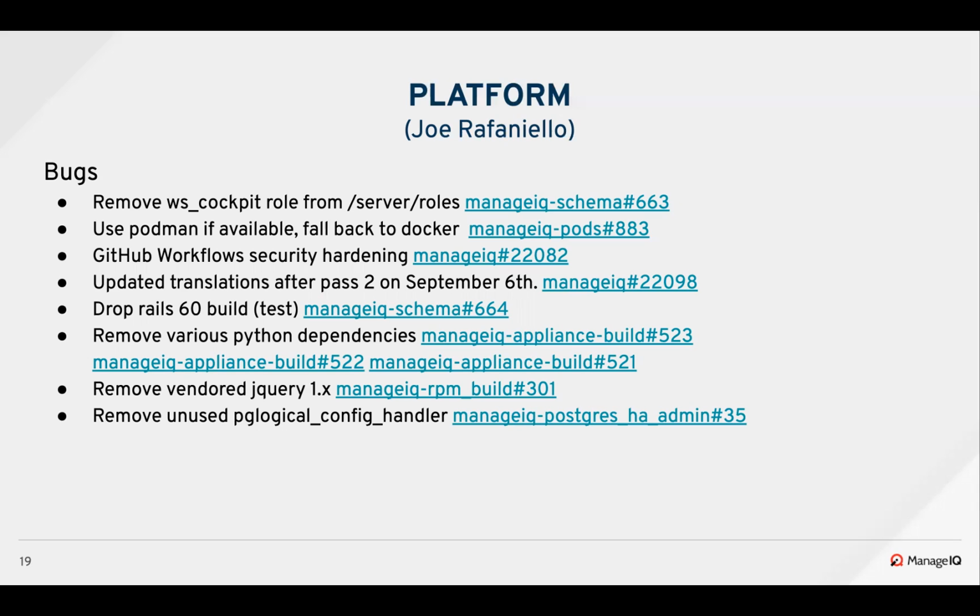Finally, I removed an unused high availability configuration handler for PG Logical. We had previously switched to the native logical replication handler and left that old PG Logical one unused, so I just removed it. On to Keenan for the API.